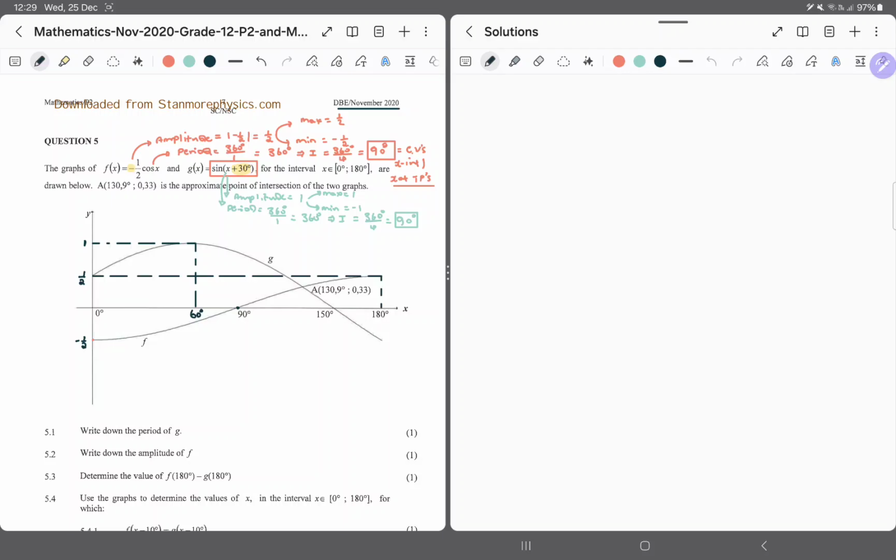Now, not a problem. Now let's see. This was a critical value, right? An x coordinate at the turning point. We can ignore this because it's not a critical value. Remember, the y-intercept depends on what is going on. Now, let's have a look. We come here and we see that we have an x-intercept at 150. Can you see? This is an interval of 90 degrees.